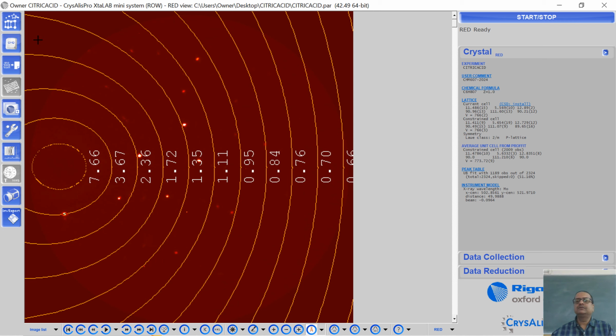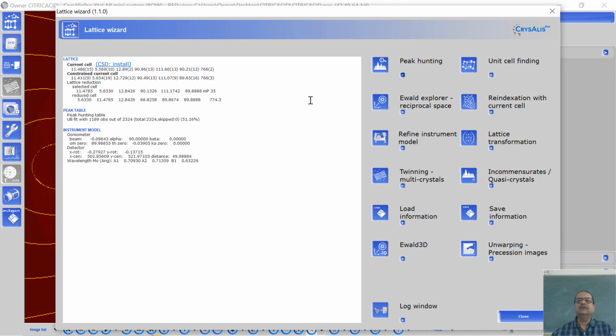So now we want to start from the indexing of the data. By clicking the first icon, lattice wizard, you have option for peak hunting. If you just click on that icon, it will go through all the frames.